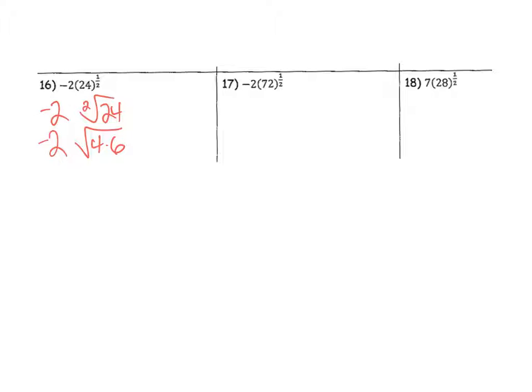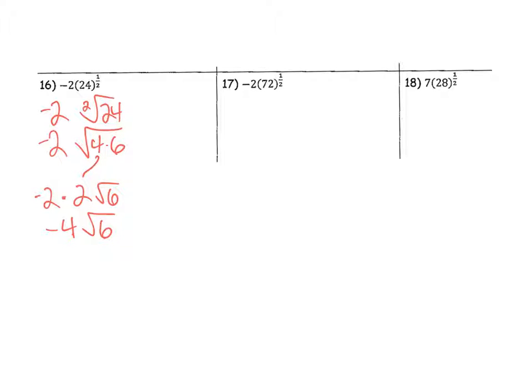And 4 is a perfect square. -4, radical 6. 17 and 18, do on your own. And in like 3 minutes, I'm going to want answers.